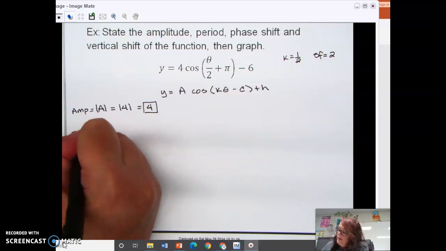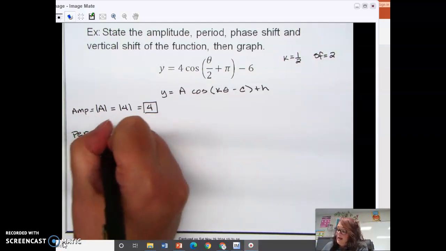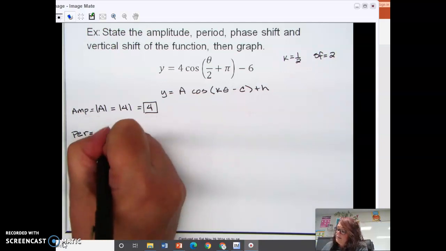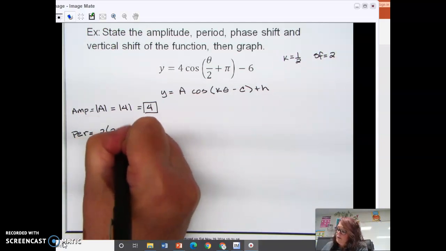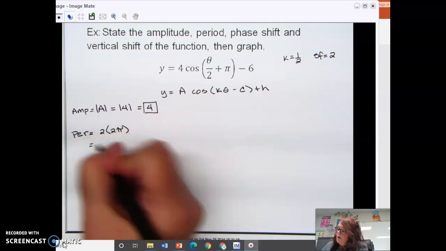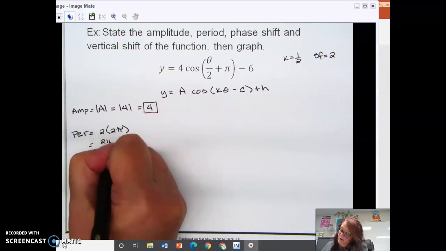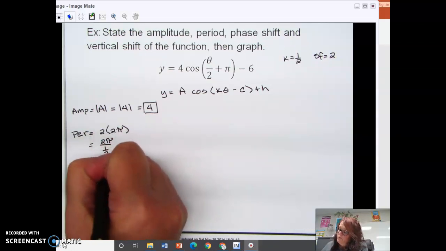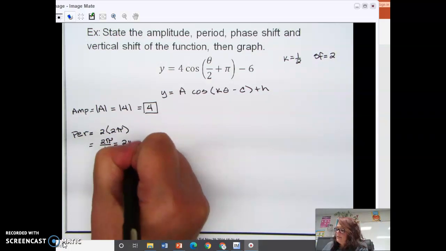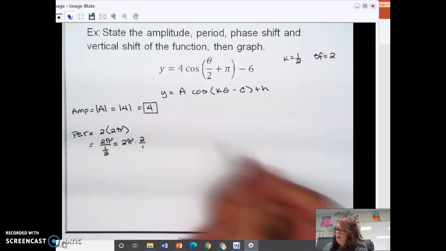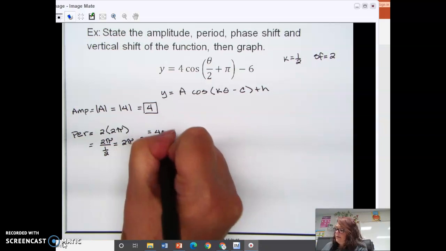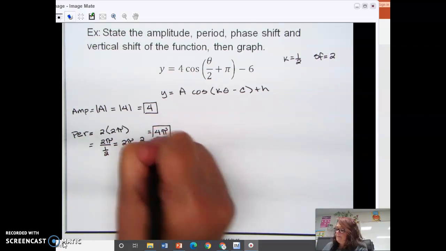So I can either calculate my period as the reciprocal of K, meaning 2, times a normal period, which is 2 pi, or I could call it 2 pi over k. So 2 pi over 1/2 is the same as 2 pi times 2 over 1, and in both cases we get a period of 4 pi.